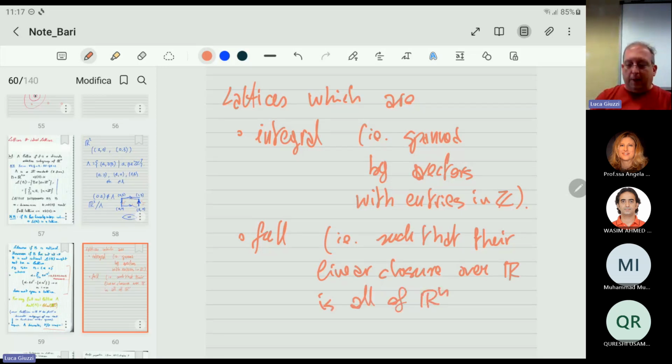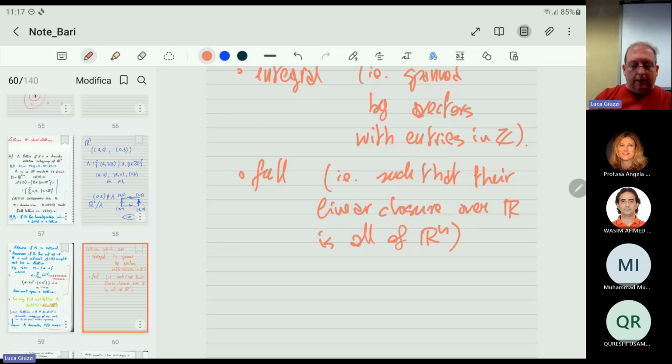So they are not contained in a subspace. And integral rational is the same as integral.